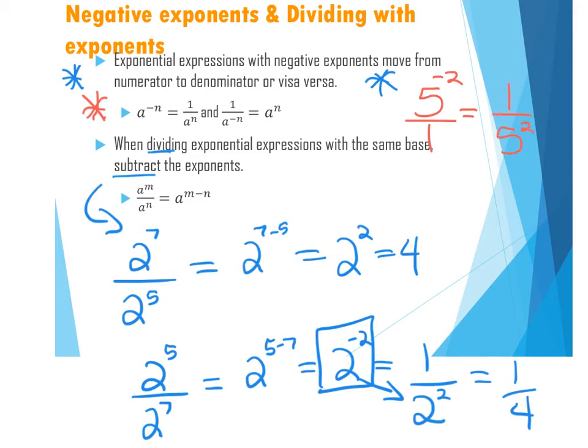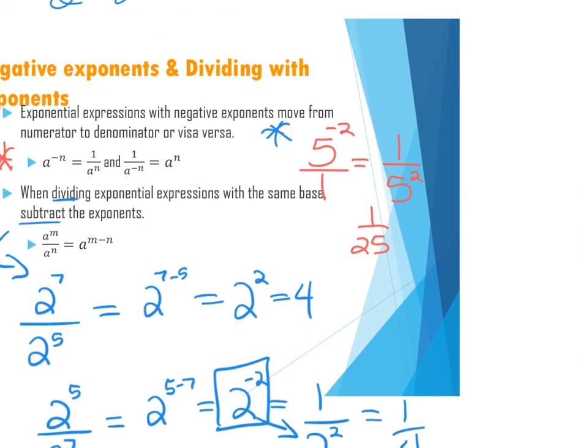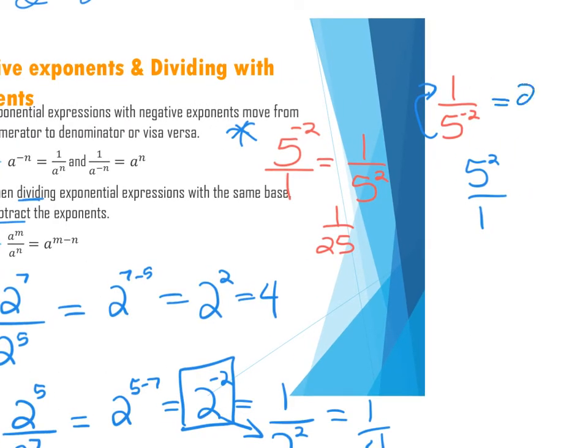And then you would evaluate and get 1 over 25. If it's in the bottom of a fraction, let's say it was set like this, to make it positive, you would move it to the top. You can also think reciprocal here. And then this one would equal 25. Because you switch it to this, and then you do the problem.